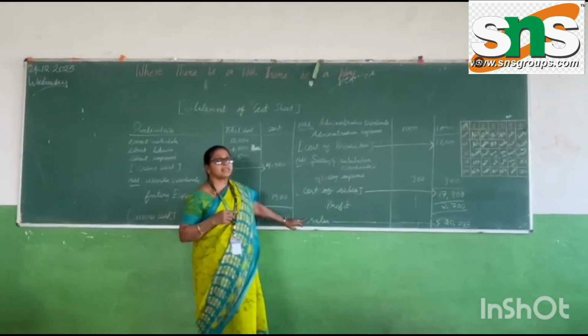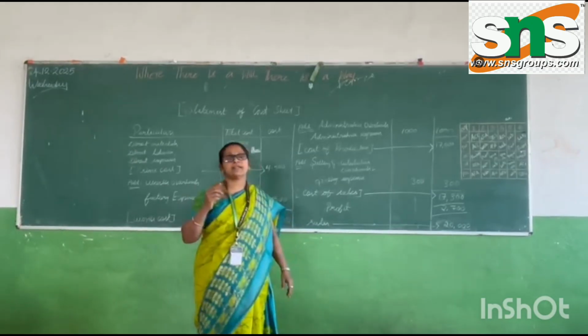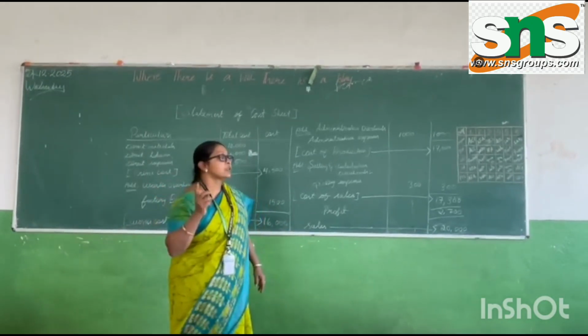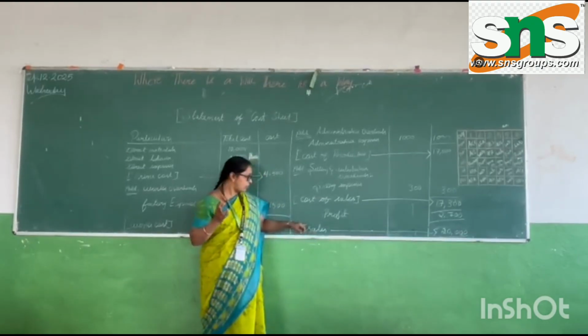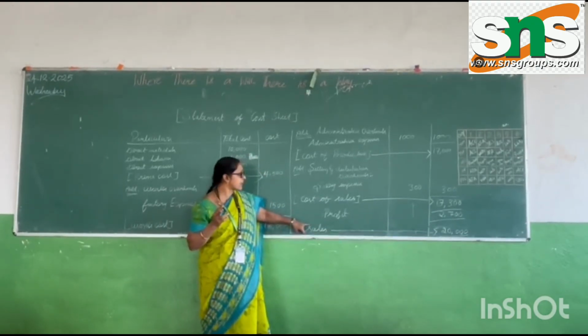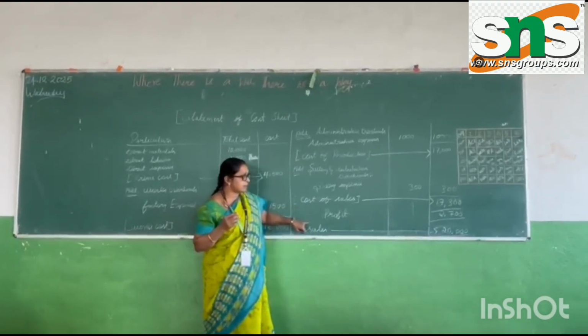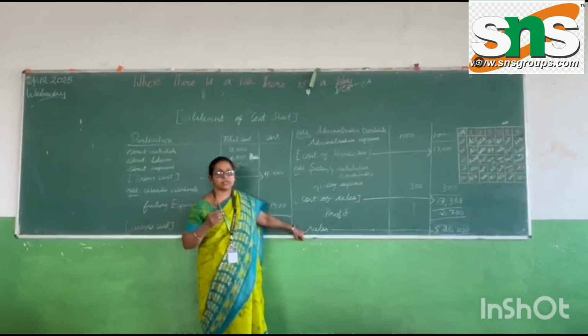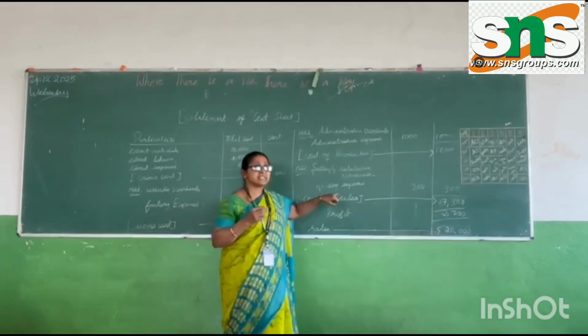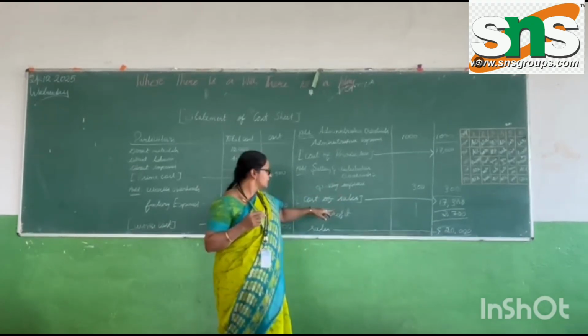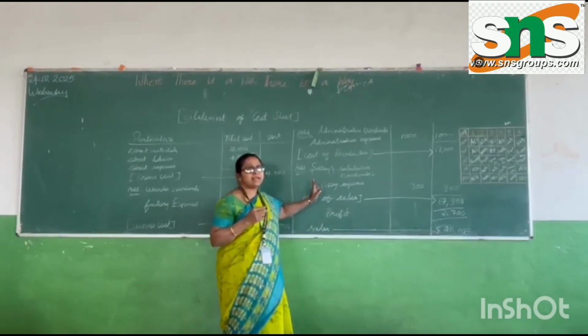Next in this sum, the sales value is given. 20,000 is the sales value. So we have to find out the profit or loss of the company. We deduct the cost of sales from the sales value. Sales value is given as 20,000. Cost of sales we found is 17,300. So the sales value is more than the cost of sales.